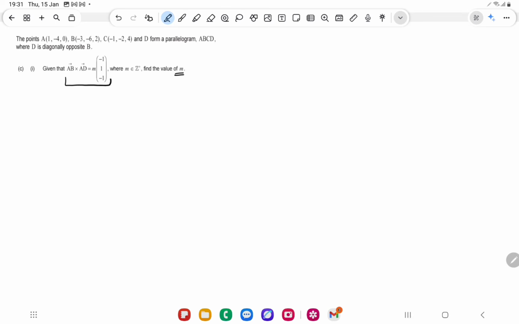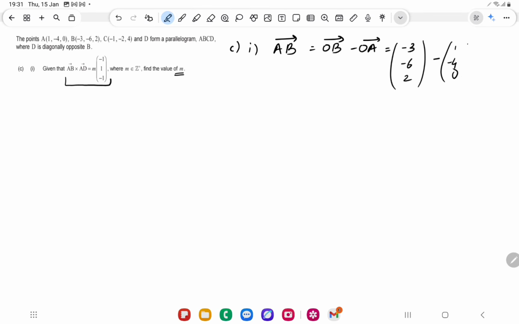Now to find the value of M, first we need to find what AB and AD are. So AB I can write as OB minus OA, and the coordinates are given to me in the question itself. This is for OB, O is origin and A is 1, minus 4 and 0. So from this the AB coordinate comes out as minus 4, minus 2 and 2.